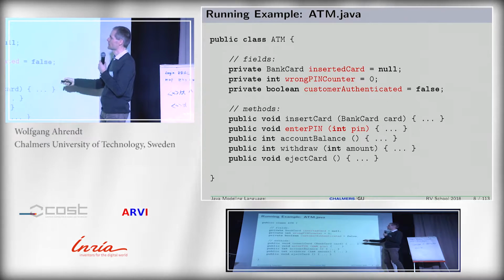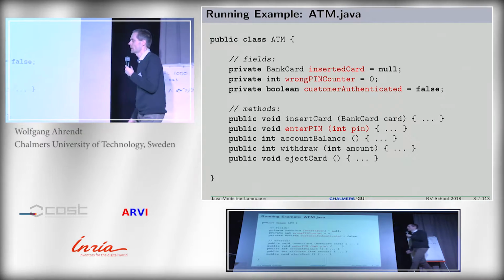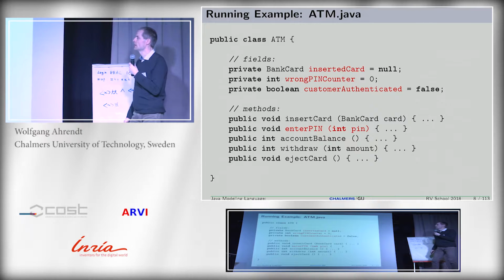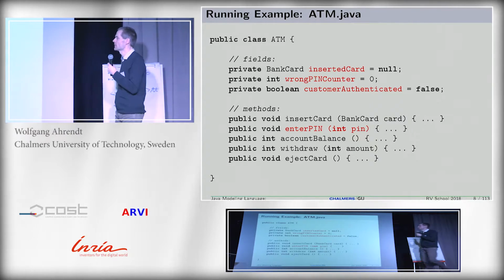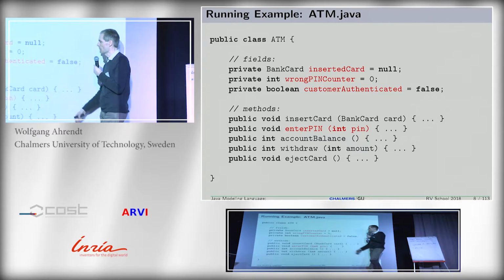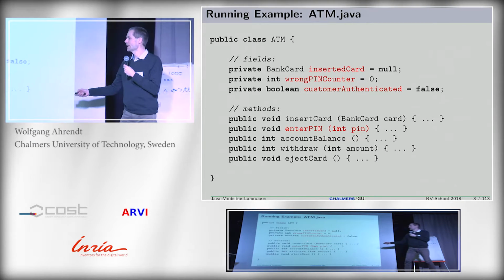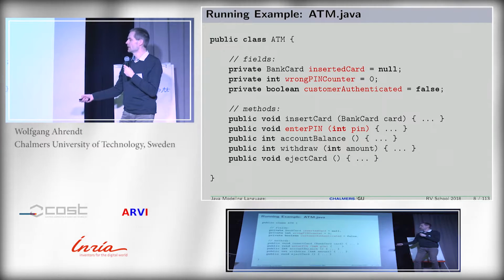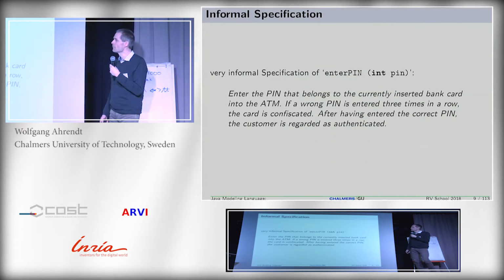This is a reference to a different object, and these are internal, of primitive type. Inserted card is initially null. So they have some initial values, but they are not important now. We have certain methods here: insert card, enter pin, account balance, withdraw. I will only look at enter pin now in my example. So it takes pin as an input.